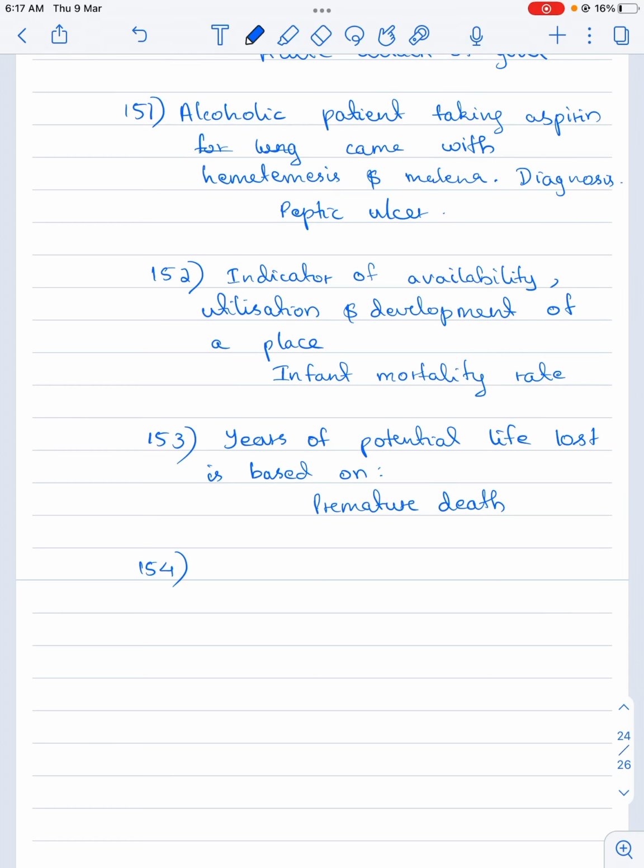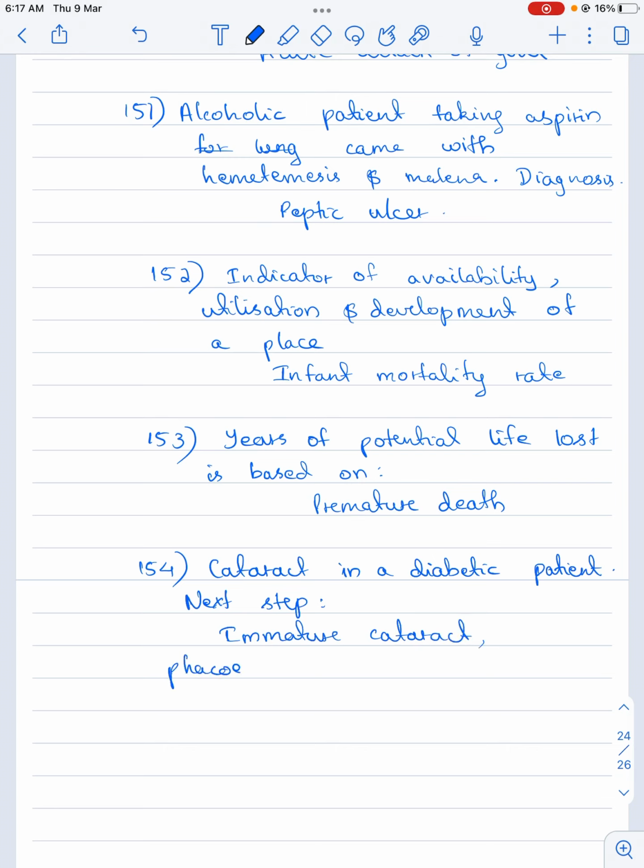Next question. There's cataract in a diabetic patient. Next step is immature cataract, and phacoemulsification with IOL implantation is to be done.